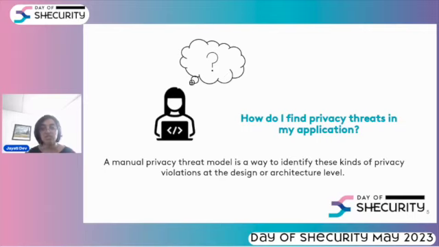In these sessions, you would share the architecture diagram with the threat modeling architect, and they would provide guidance on how to mitigate some of these threats in case they find them. There are a couple of different steps that architects typically follow.